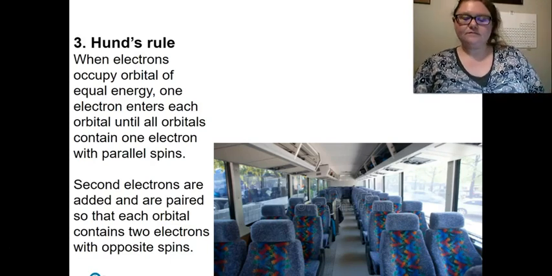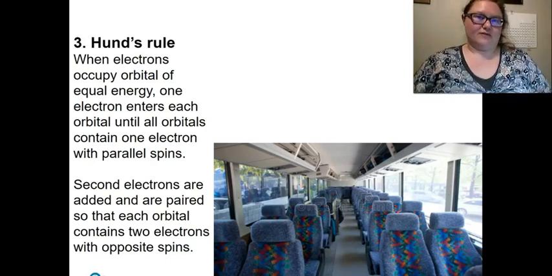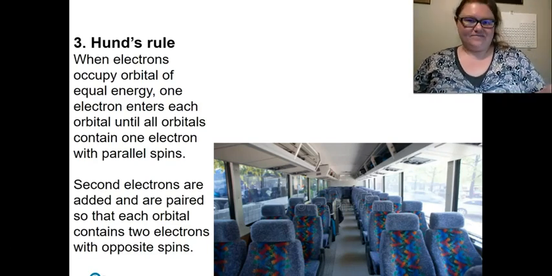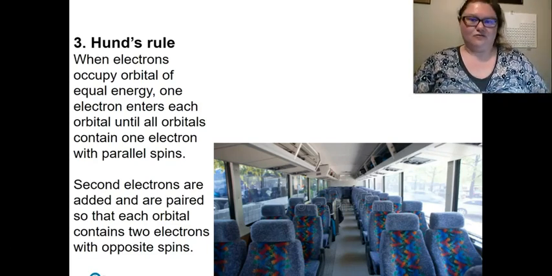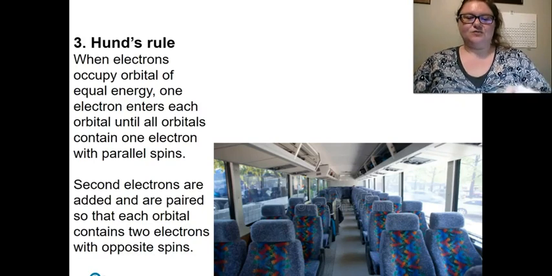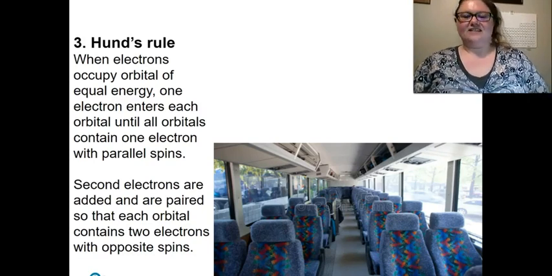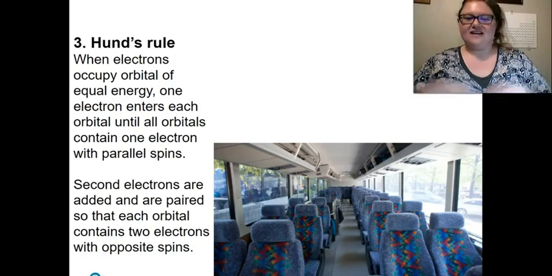Now, why am I showing you the picture of a bus? Because this is a relatable thing we can connect with Hund's rule. So notice the seat pattern on this picture of the bus that I chose. It's 2 seats next to each other going all the way back. Now let's imagine you're stepping onto this bus and it's almost full capacity.